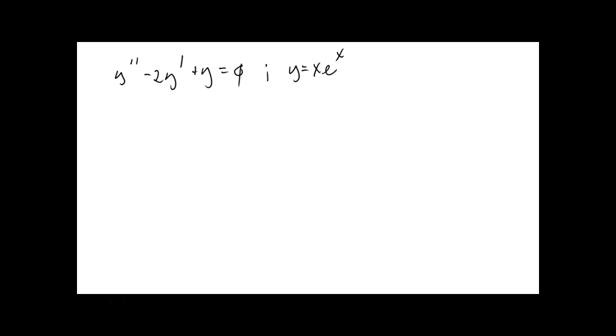So what would you have to do before you can verify that? Yes, good answer. Y prime is equal to what? To do that, you got to use a what rule? Product rule. And what does the product rule tell you?